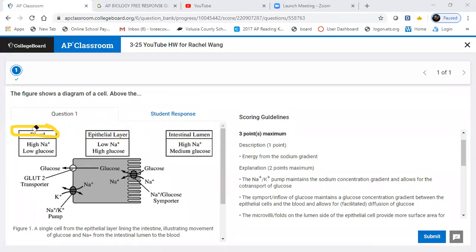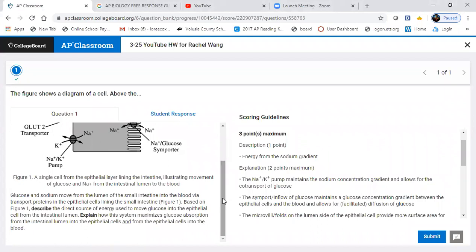Okay, so on this first question, we had the first question says glucose and sodium move from the lumen of the small intestine into the blood via transport proteins in the epithelial cell lining of the small intestine.